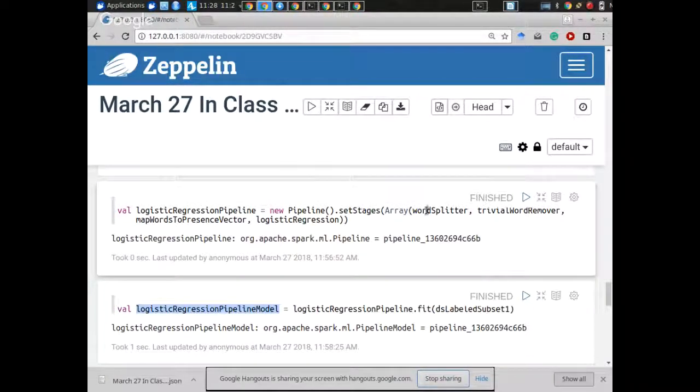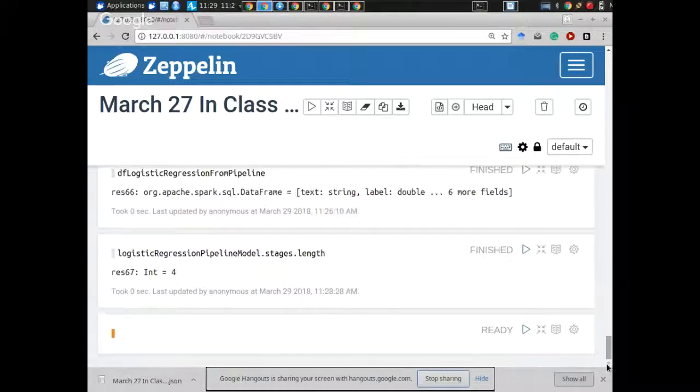They reflect what was in the pipeline: the word splitter, the trivial word remover, map words to presence vector, and logistic regression. There are 4 elements of that pipeline, and in the fitted model, there are 4 elements that it retained. So we're going to now explore some components of this.